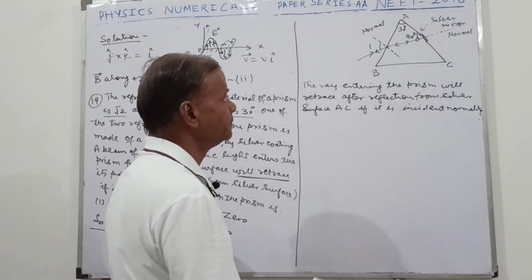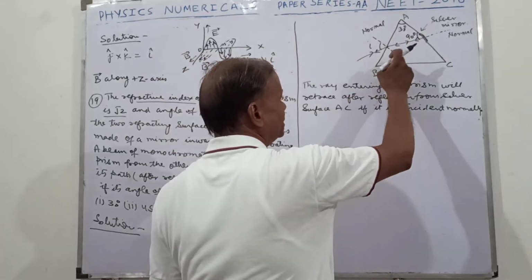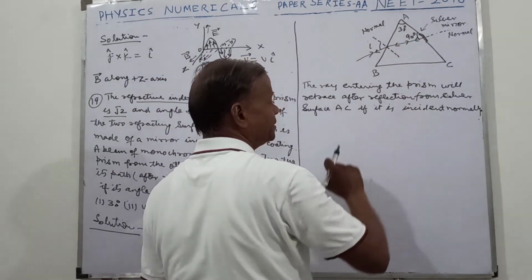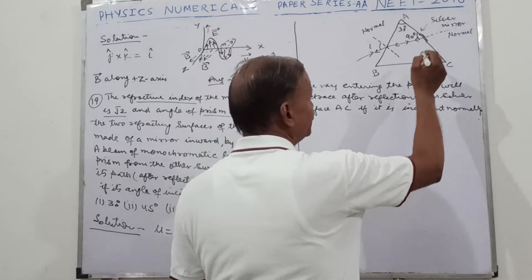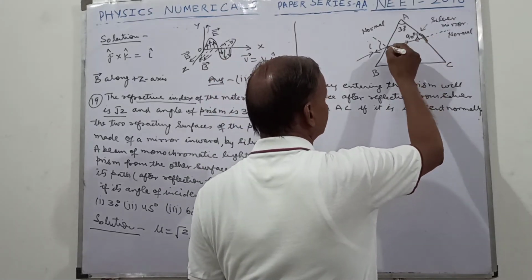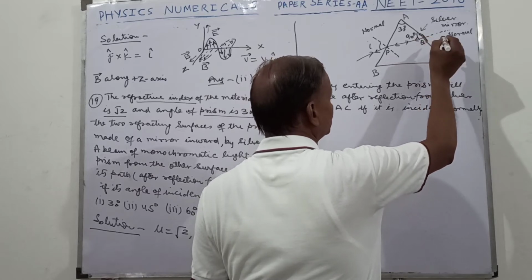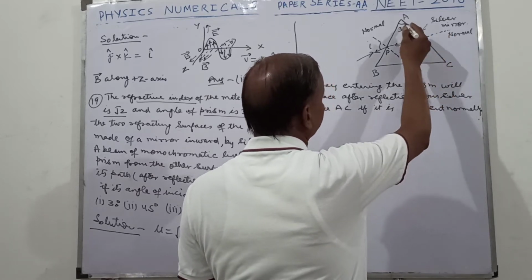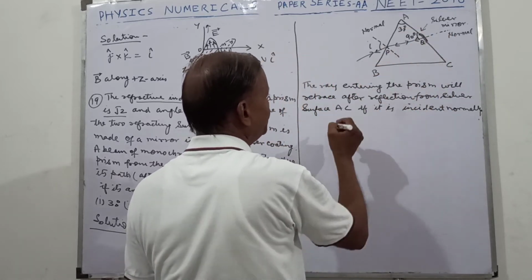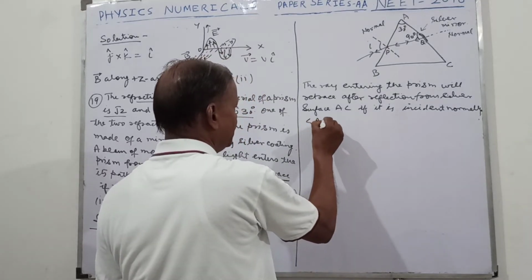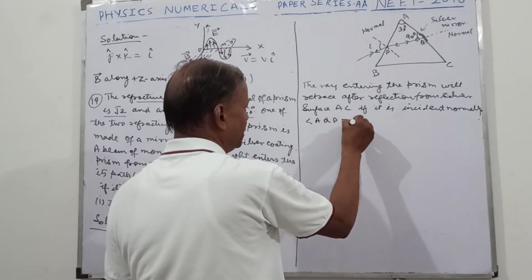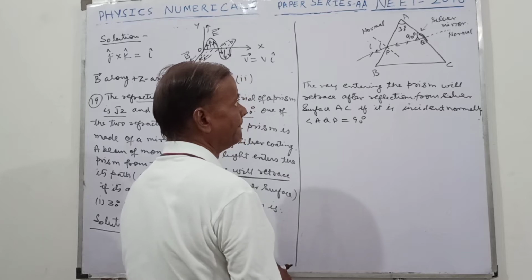Then what we have? This angle is 90 degree, then definitely this angle is 60 degree. So if we name this point P, and this one Q, then we have angle AQP equal to 90 degree.